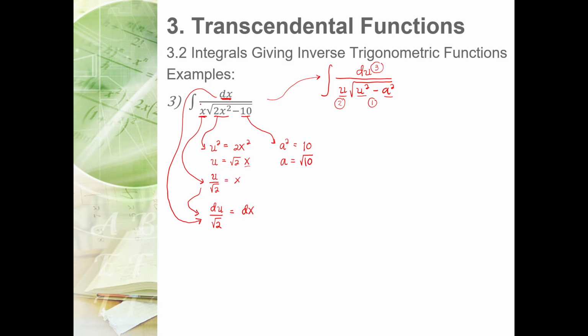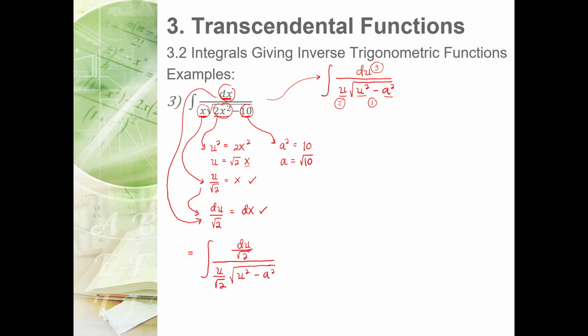Since every variable can be replaced by the u parameter and a parameter, as you can see, there's nothing left in the given integrand. So we can now replace. So dx is du all over square root of 2, all over your x value, which is u all over square root of 2, then square root of u squared minus a squared.